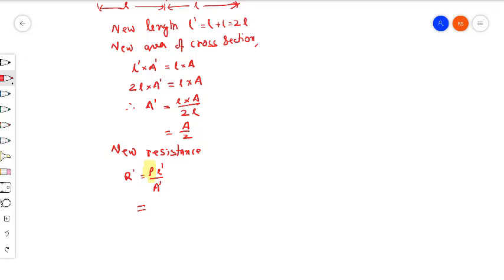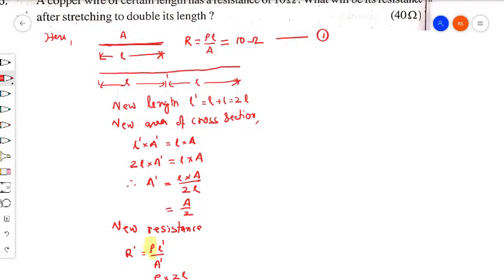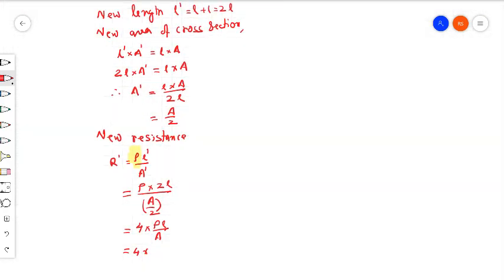So R prime is rho times L prime, 2L, divided by A by 2. So this is 4 into rho L by A. From equation 1, this is 10 ohms, so it is 40 ohms.